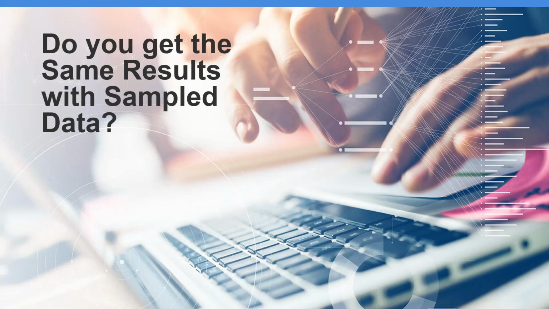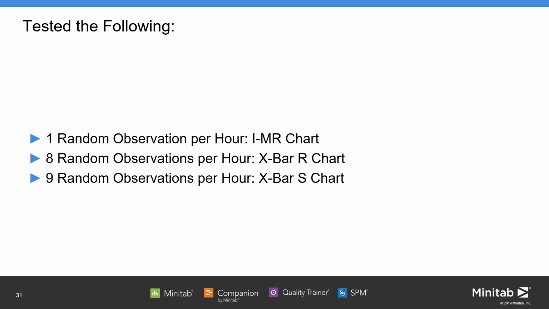So I did some testing on whether I would get the same results using sample data. I'm still treating each hour as a subgroup, but instead of taking the full 100 observations, I first of all said, let's just take one random observation per hour and create an IMR chart.